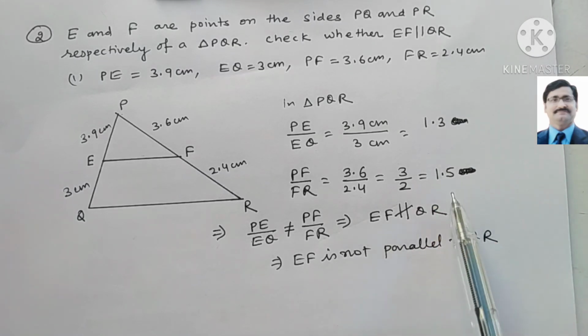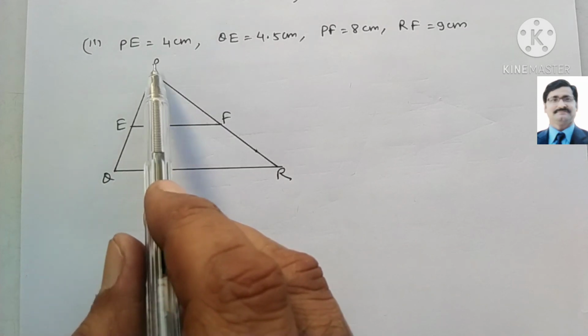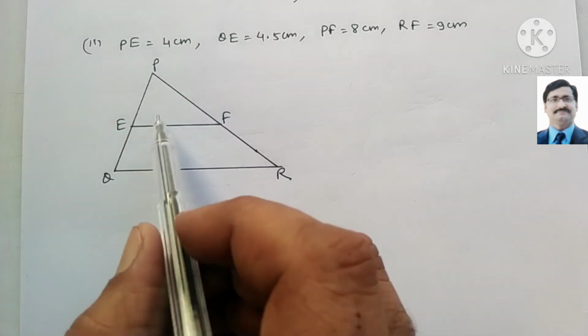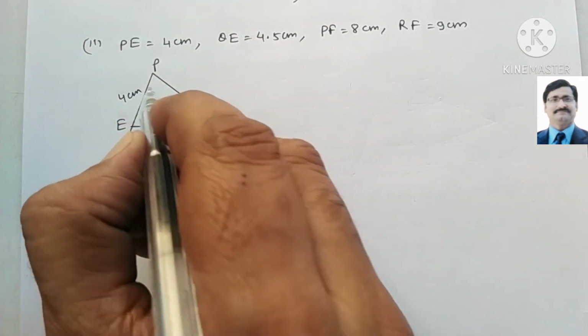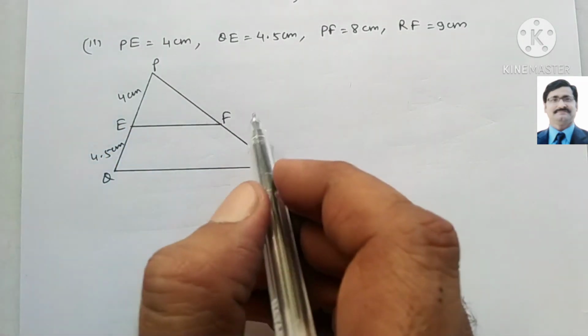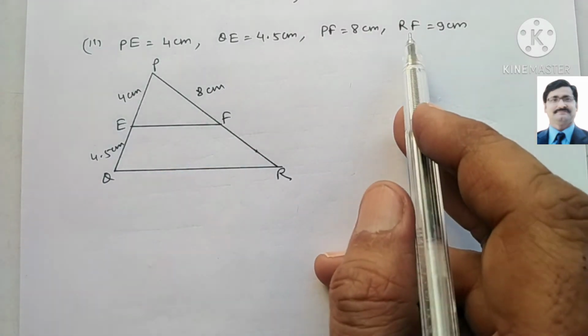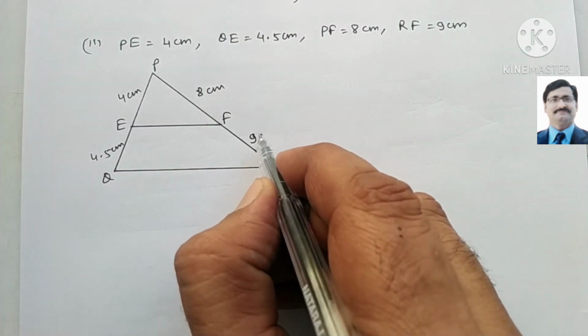Here ratios are not same, means the lines are not parallel. One more example we take here, PQR. PE is 4 centimeter, QE is 4.5 centimeter, PF is 8 centimeter, and RF is here 9 centimeter.